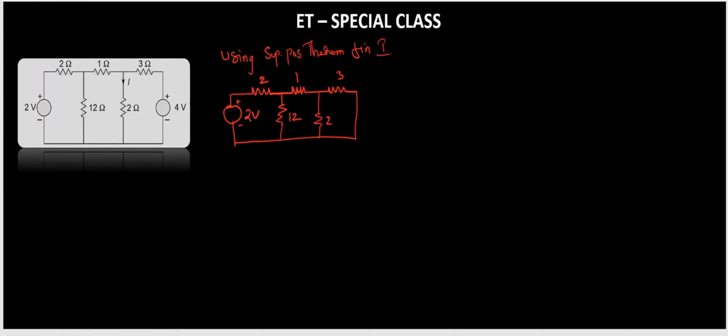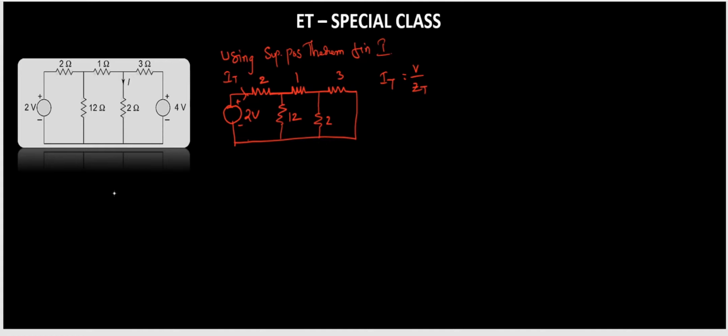Now find the current. To find the current, what I have to do? I have to first calculate this IT. So IT is equal to V by ZT, where ZT is the total impedance between these points.